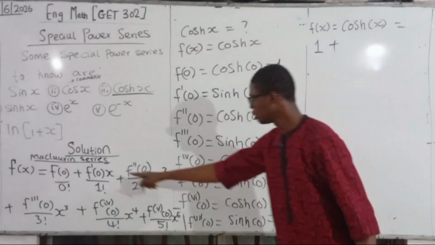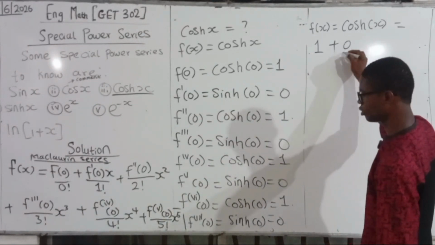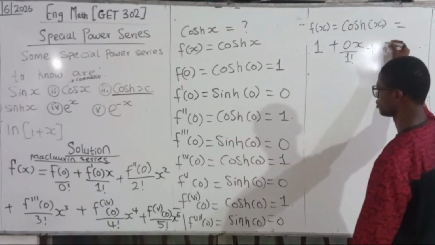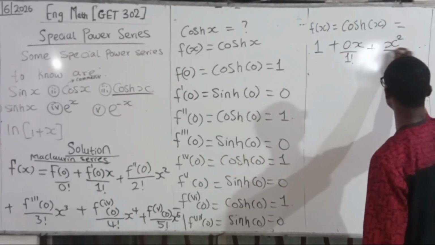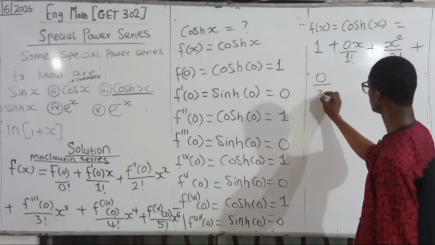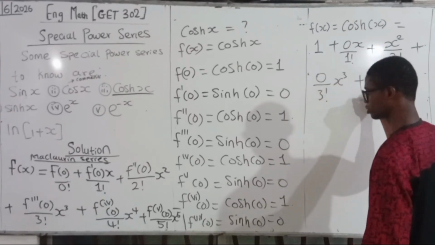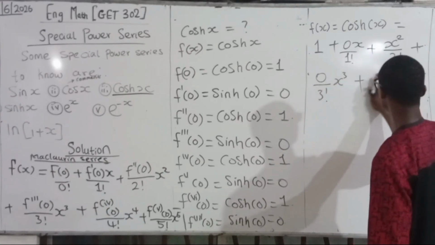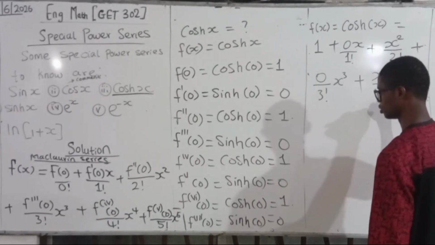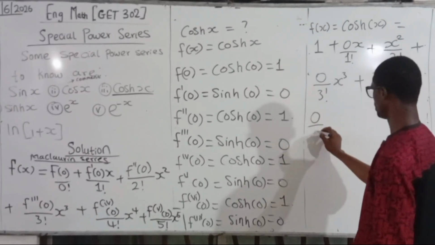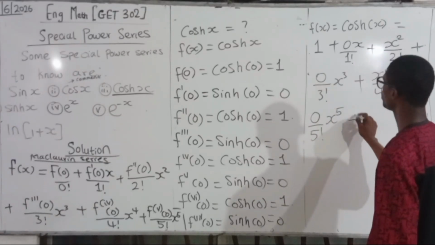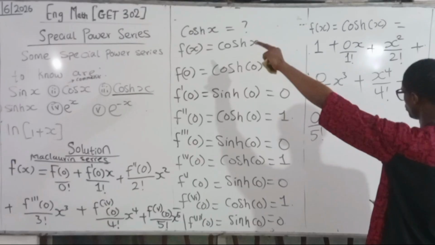It will give you 0x all over 1 factorial, plus this one will give you 1 times x squared, still x squared all over 2 factorial, plus this one will give you 0 all over 3 factorial x cubed, plus this one will give you 1 multiplied by x to the power 4 all over 4 factorial, plus 0 all over 5 factorial multiplied by x to the power of 5, plus.